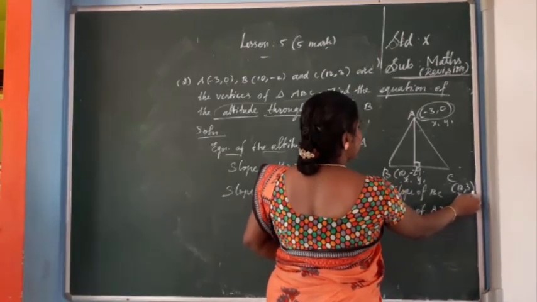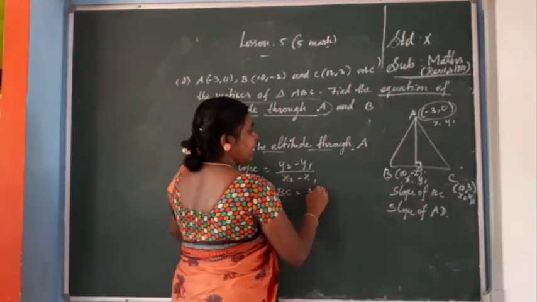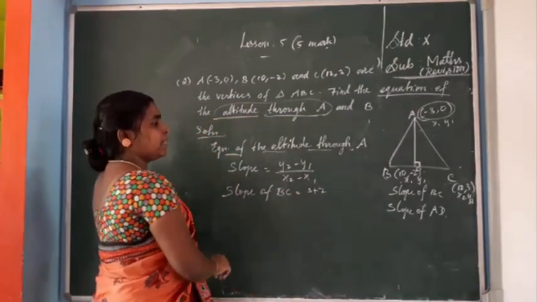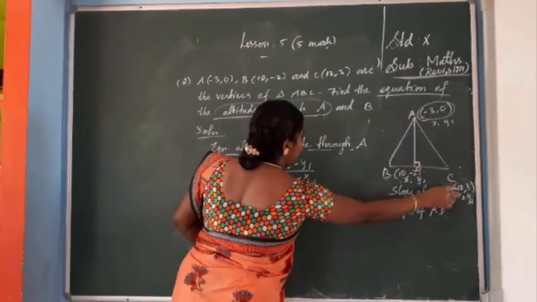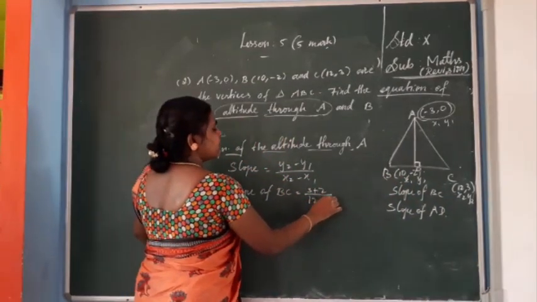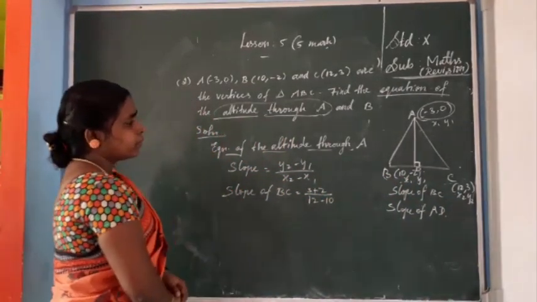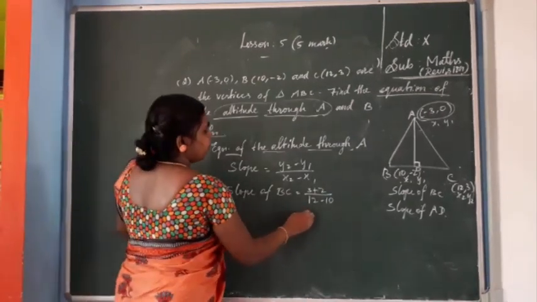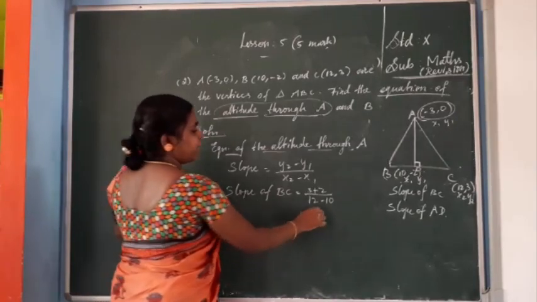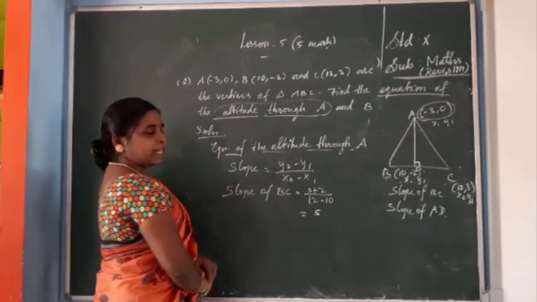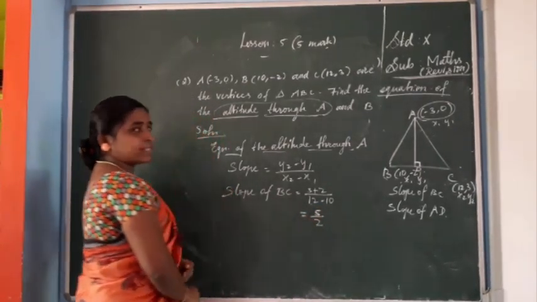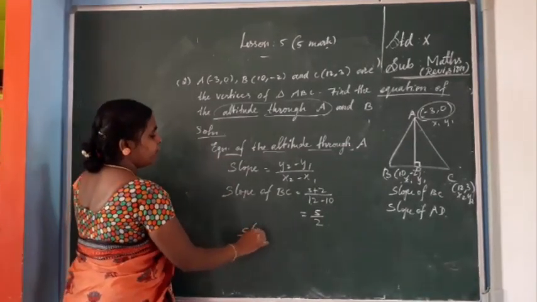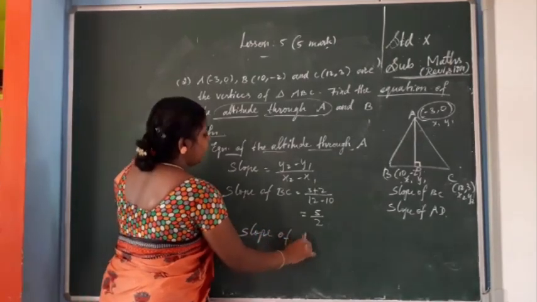So y2 minus y1 is 3 minus minus 2, so 3 plus 2, by 12 minus 10. 3 plus 2 is 5, 12 minus 10 is 2. So slope of BC is 5 by 2. Actually we need the slope of AD only.